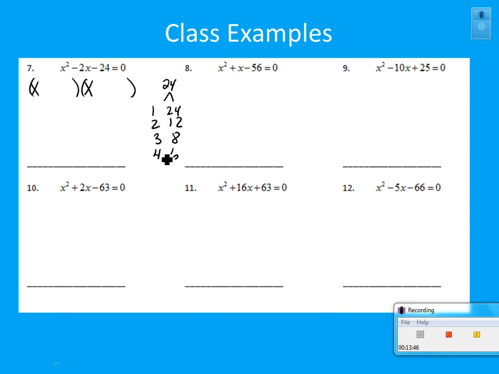The ones you can make add up to be negative 2, and I just now realized this is the exact same problem that we just did. So I got x minus 6 and x plus 4. Set each of those equal to 0. Your two answers, one's positive 6 and the other's negative 4. Because you're going to add 6, divide by 1, subtract 4, divide by 1.